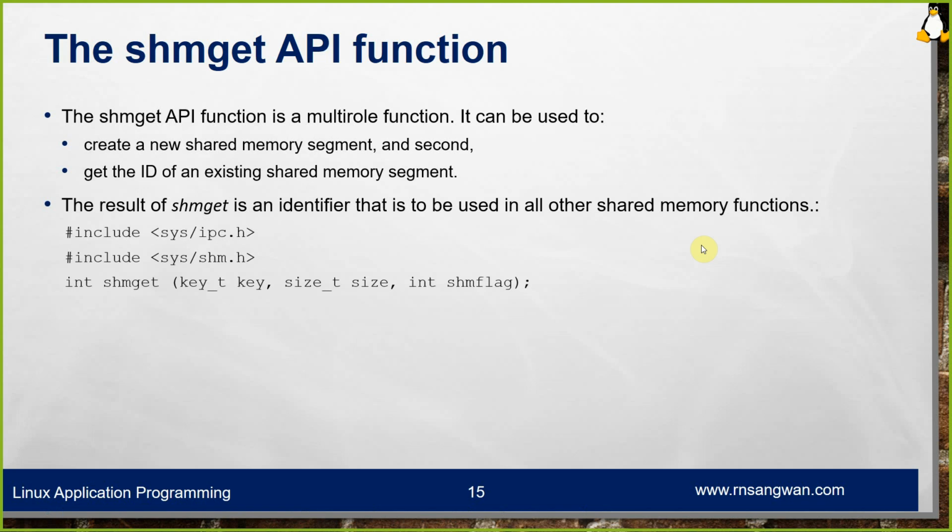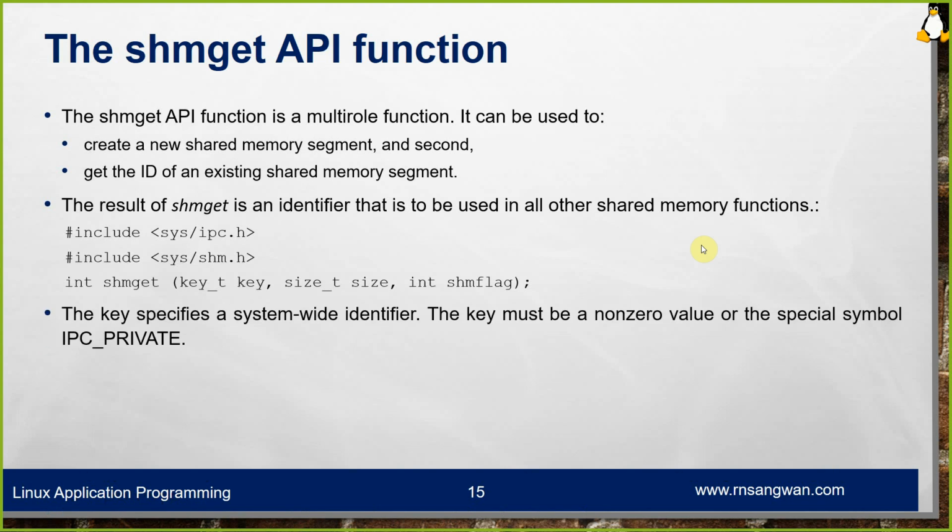We need these two header files, IPC and SHM. This is the prototype of shmget: key_t type key, size_t type size, and integer type flag. These are the three parameters we pass to this shmget function. The key specifies a system-wide identifier.